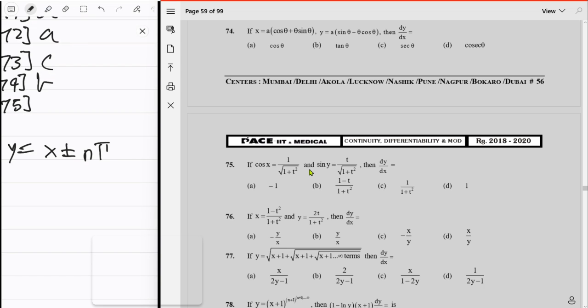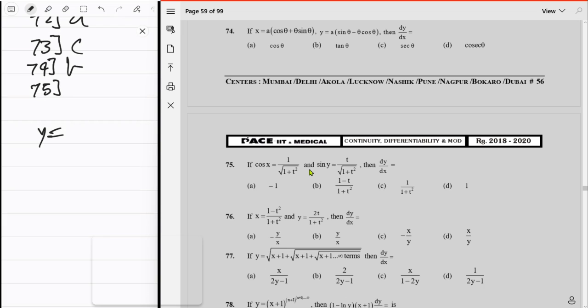Wait, I'm doing something really wrong. What was the thing? Cosine square y equal to cosine square x, right? Oh, then it's just y equal to n pi plus or minus x, of course. That does it. So the slope would be 1 or minus 1. So it's A and B at the same time. That's not good. Okay, this is just not good.